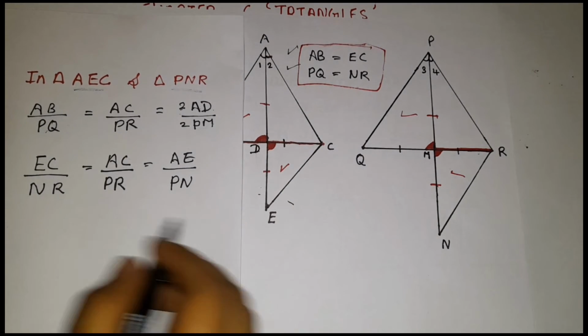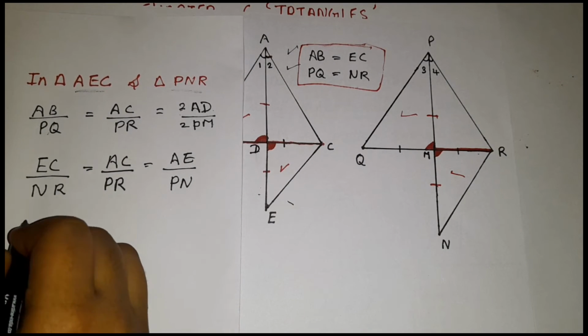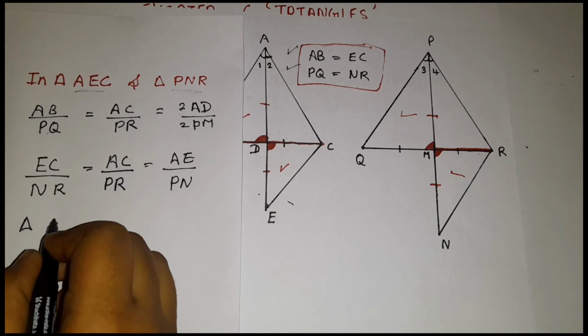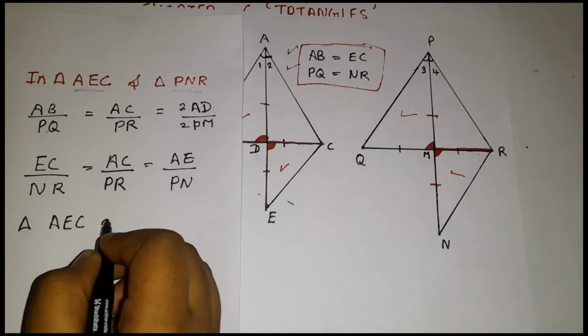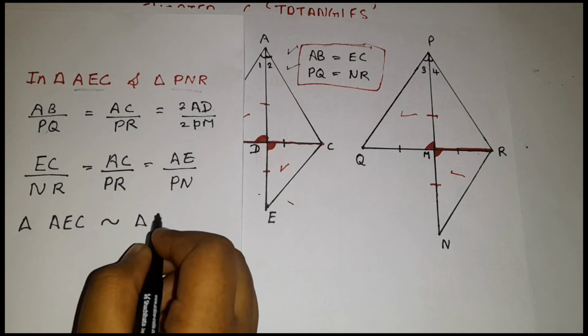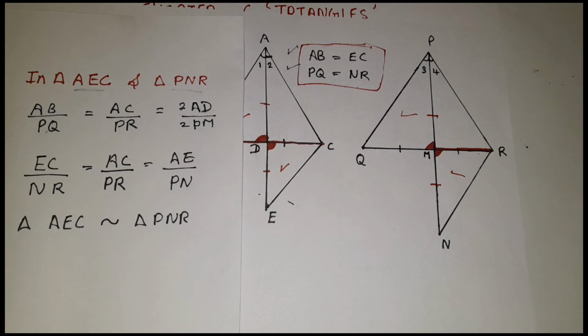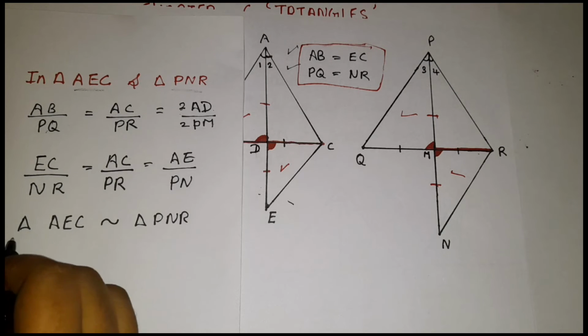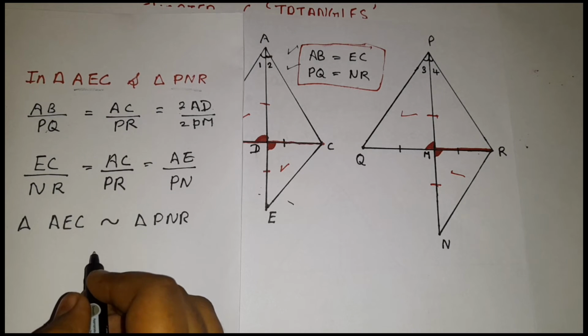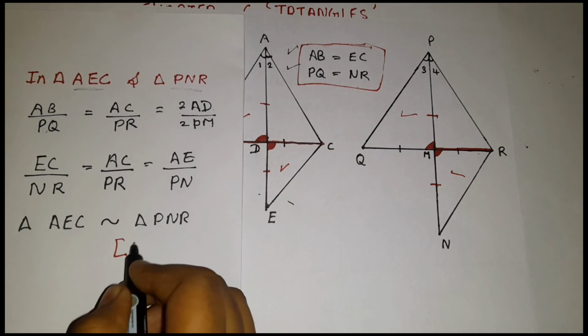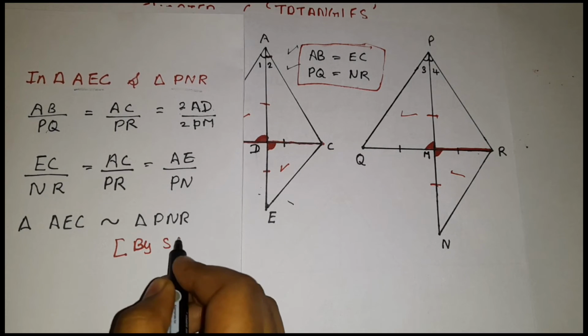So now I got three sides, am I right? So then I can say triangle AEC is similar to triangle PNR. Finally, we got triangle AEC similar to triangle PNR, by which criterion? By SSS.